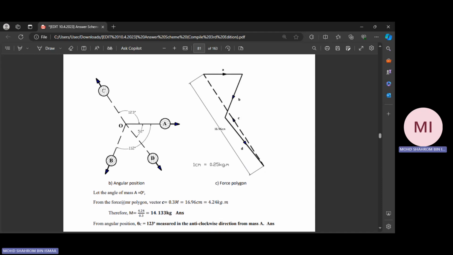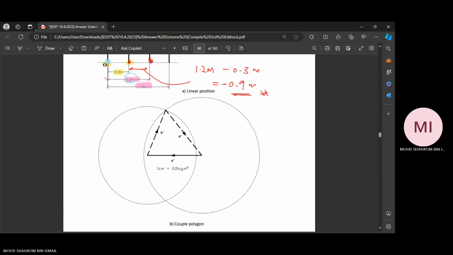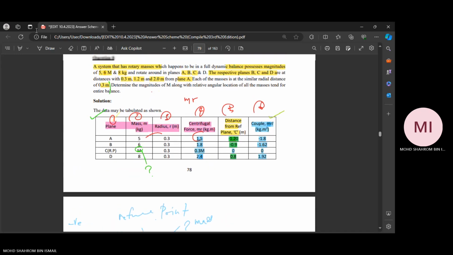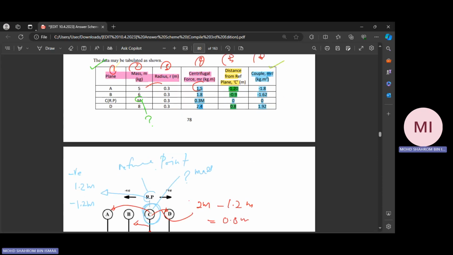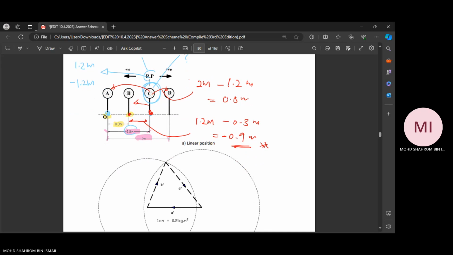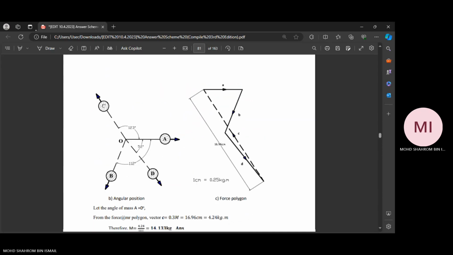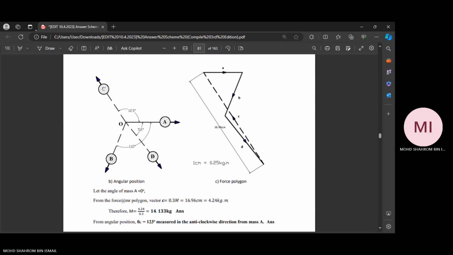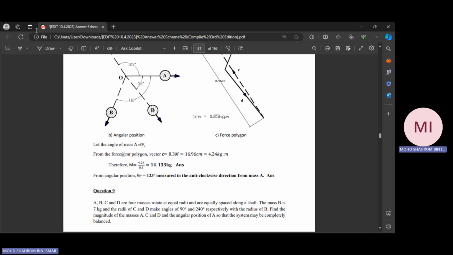What's supposed to be the angle of B? Does it give you any? Okay, let's check.